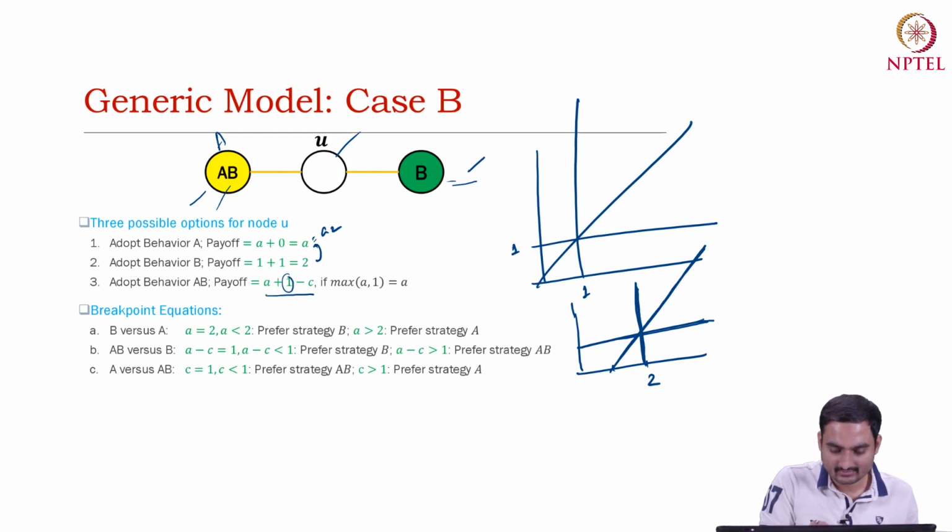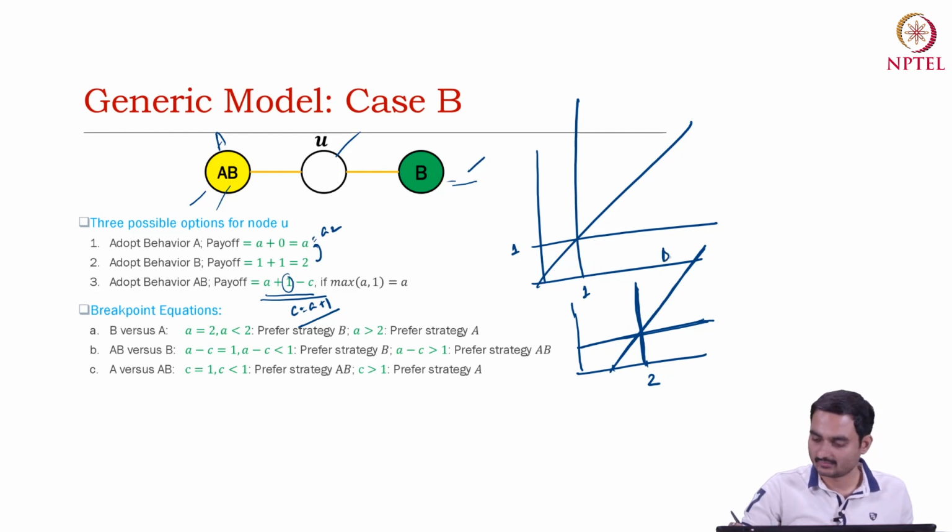And here, if C equals A plus 1, then you will basically be confused between B versus AB.